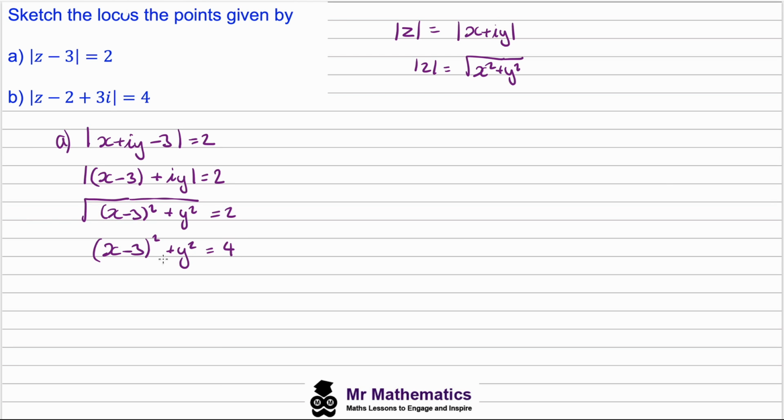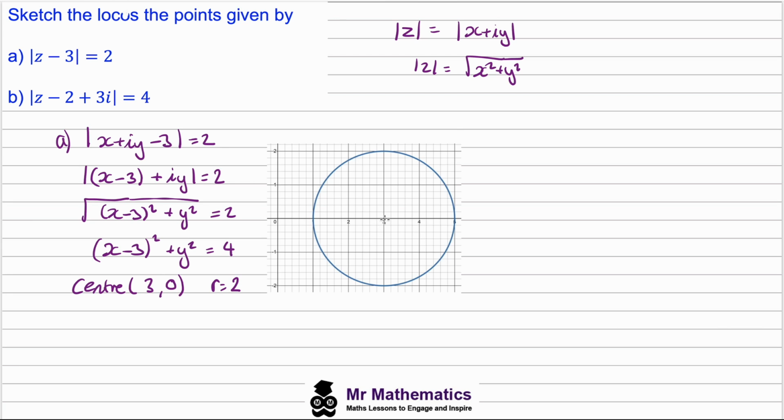And this is the equation of a circle, where you've got the center of 3 and 0. The radius will be the square root of 4, so 2. Now we can sketch this circle. So we'll have the center of 3, a radius of 2, and this represents the locus of z minus 3 equals 2. Okay?